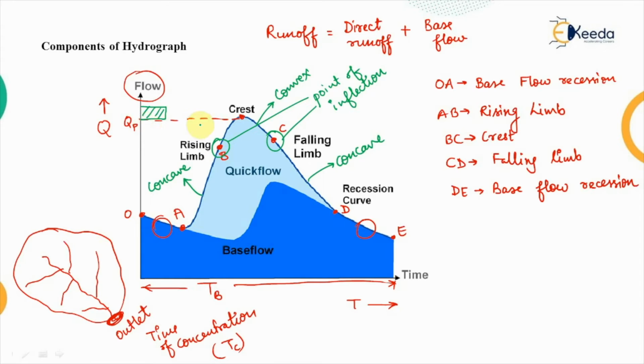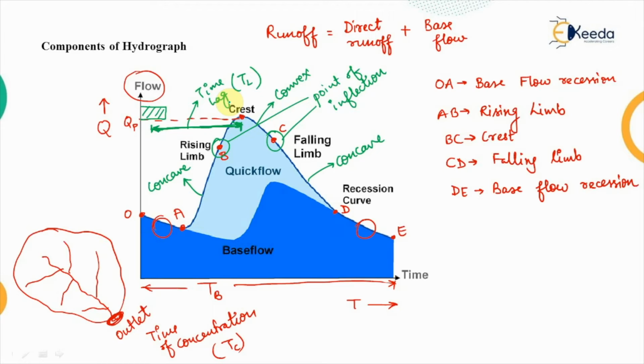That is why this hydrograph will be for the shorter duration. From the center of the rainfall to the peak of the hydrograph, the duration which is taken here is known as the time lag, that is represented by TL.